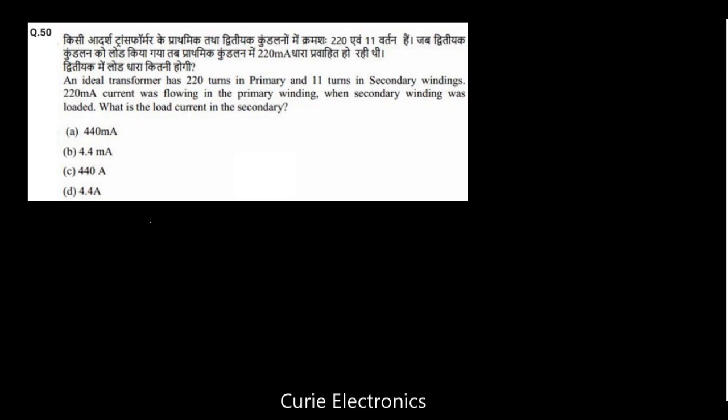So we can write the turns ratio equation, N1 upon N2 equals E1 upon E2 equals, current is reverse, I2 upon I1. Now N1 is 220 divided by N2, 11 turns.